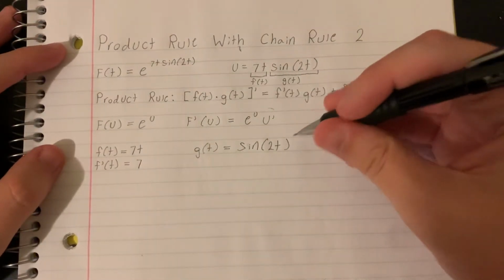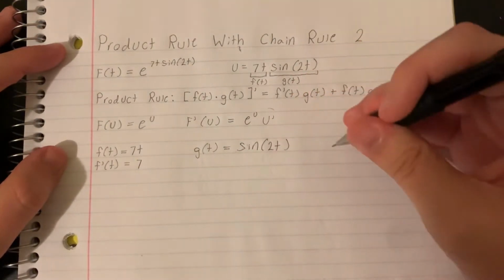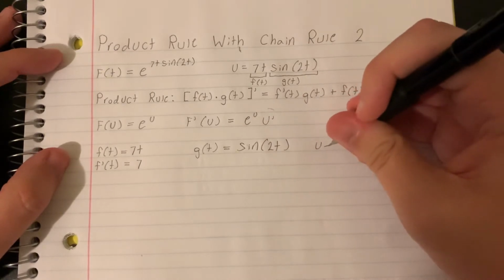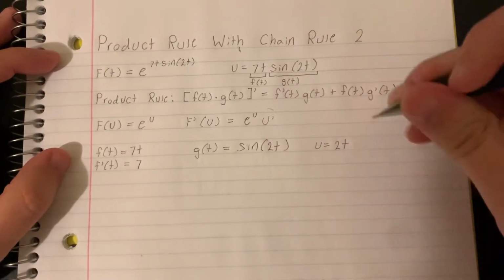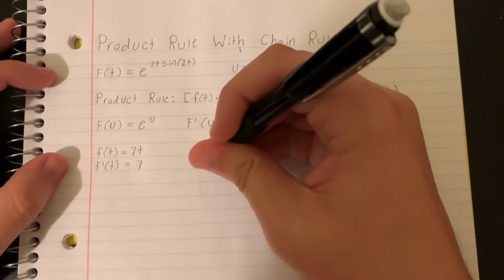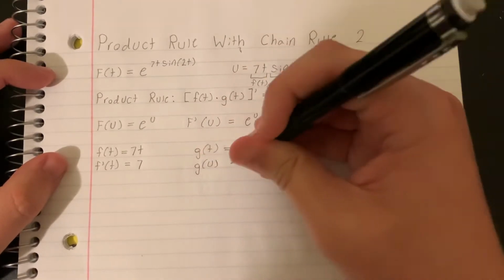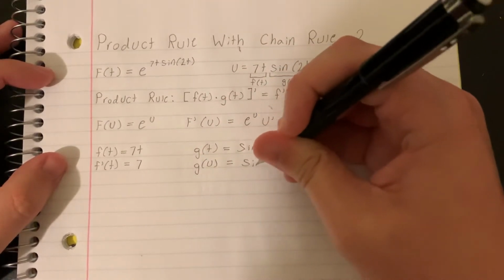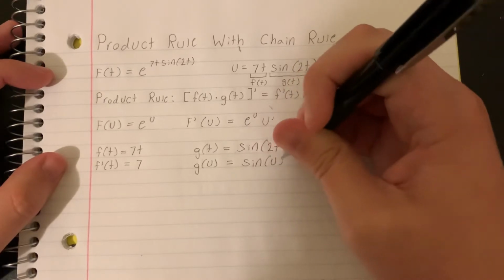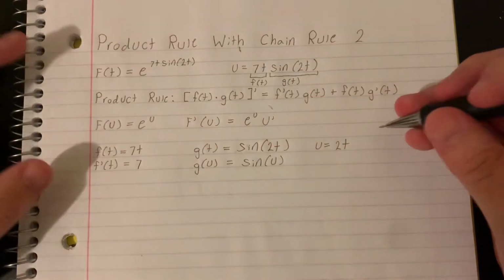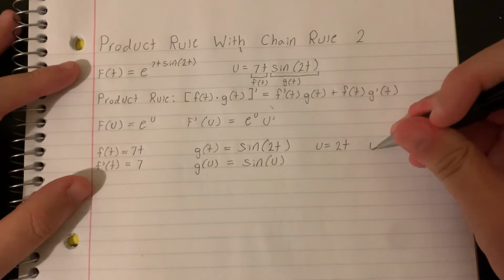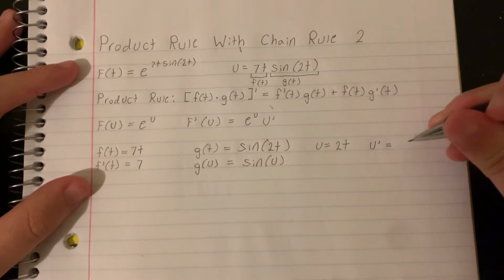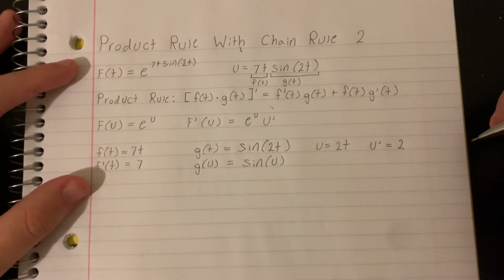So in this case, we're going to have 2t right here be our u. So u equals 2t. And our g of u then is sine of u. Now, we're also going to need our u prime for later on since we're doing the chain rule. So u prime is simply 2.